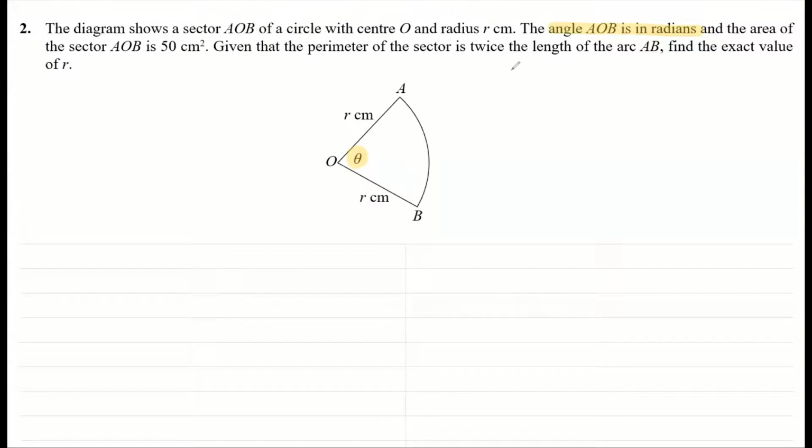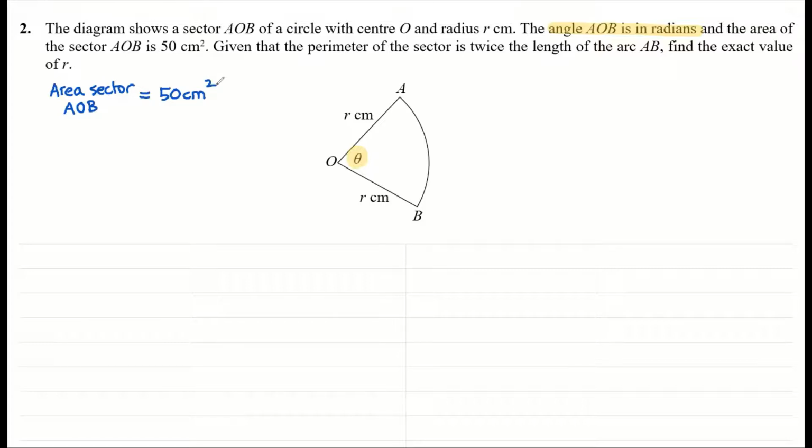Let's make a note of that. So the area of the sector AOB, we have been told, is 50 centimeters squared. I just like to build up a summary of information here. Okay, that's dealt with the first two sentences.